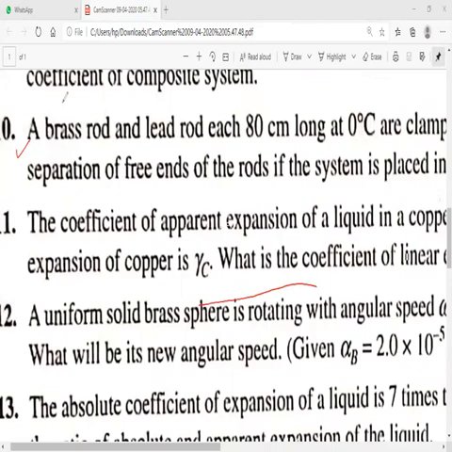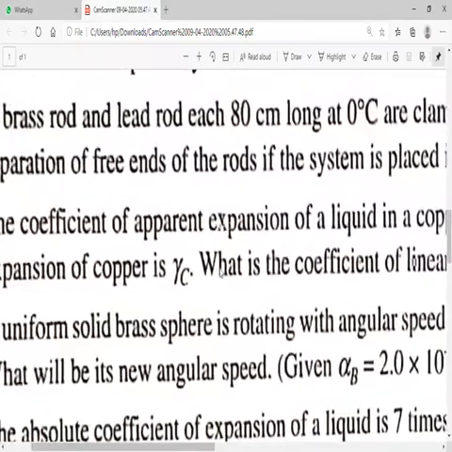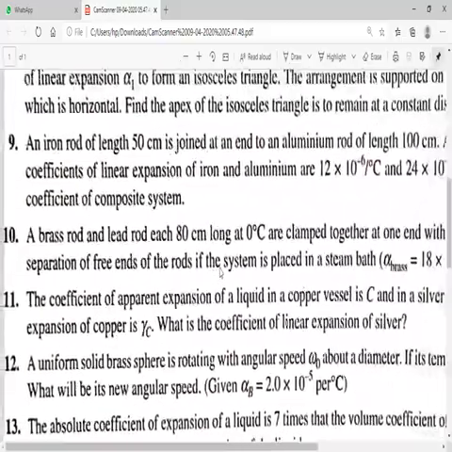That means two rods are given, both having a length of 80 centimeters at 0 degrees Celsius. But of course, both are not made of the same material. One is made of brass and the other of lead. They are clamped together at one end.